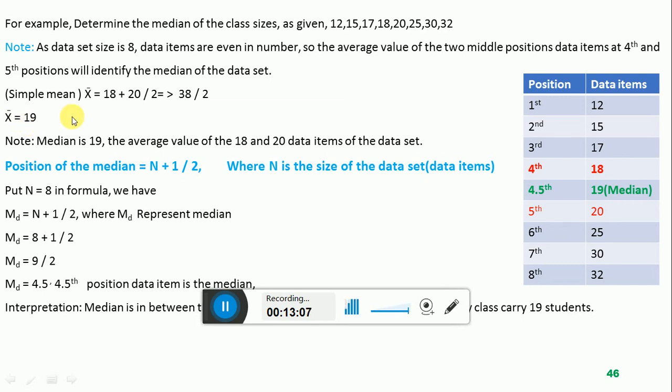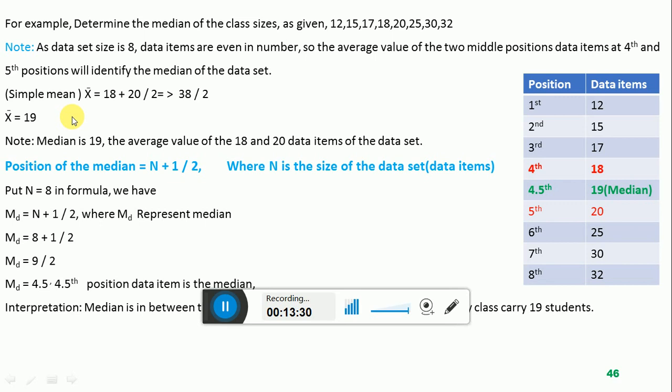The statistician defines the average value of the two middle position data items, 18 and 20, at the fourth and fifth positions. So that is 19, and this 19 is the median of the given data set. Interpretation is again this: every class of the BBA department carries approximately 19 students.